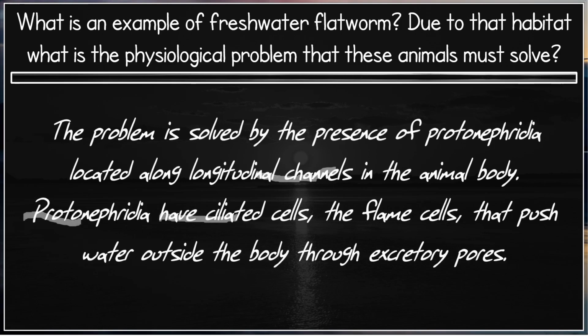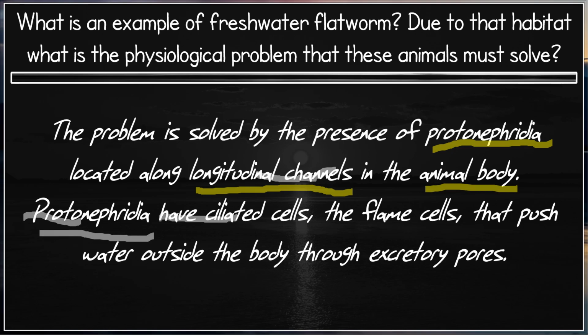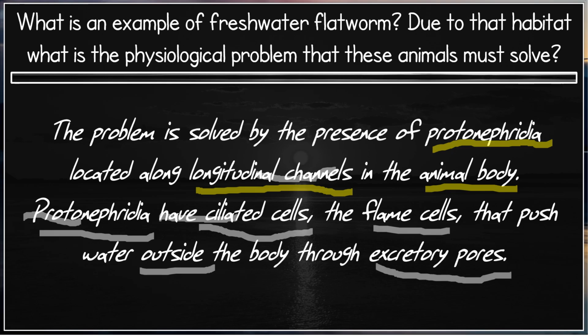The problem is solved by the presence of protonephridia located along the longitudinal channels of the animal's body. Protonephridia have ciliated cells, the flame cells, that push water outside the body through the excretory pores.